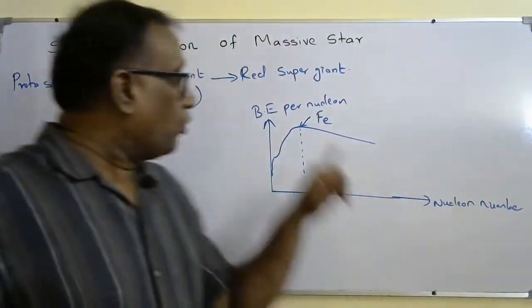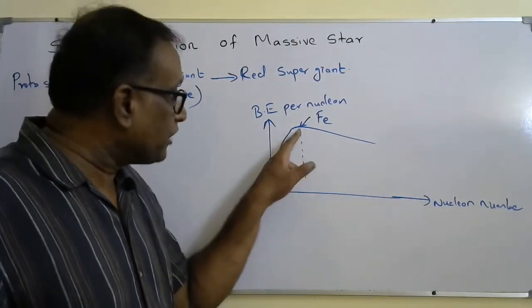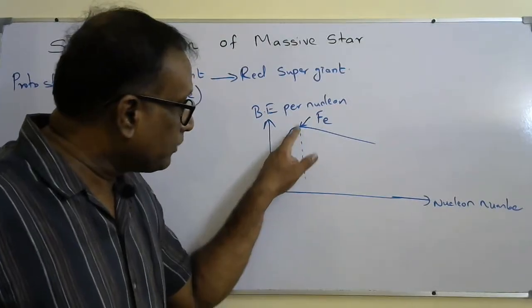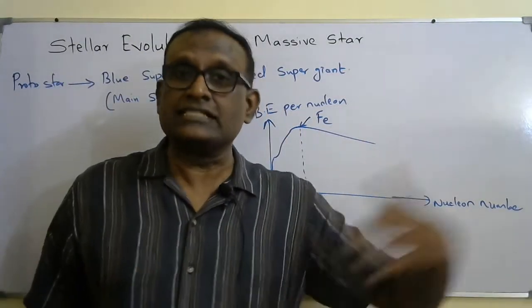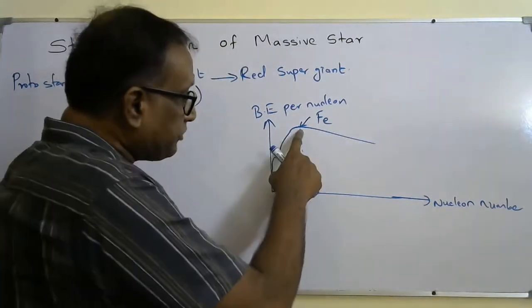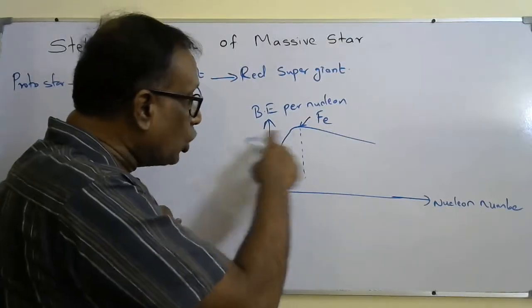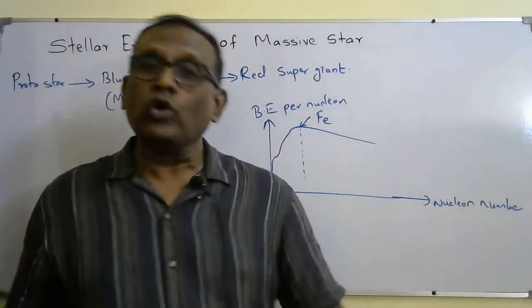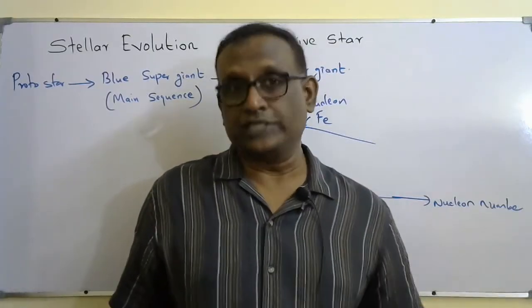That means when iron is formed, you can't fuse iron further, because if you fuse the iron, the product will be on the right side. During fusion, the nucleon number increases for the product. So if the iron is fused, the product will have larger nucleon number, but lower binding energy per nucleon. Lower binding energy per nucleon means its stability is lower.